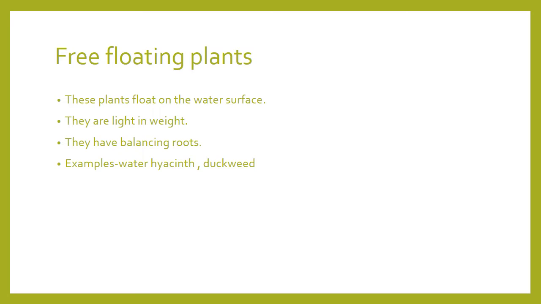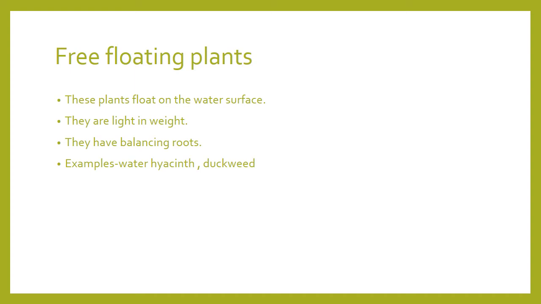If they are completely floating, that means they are light in weight, and the specific feature they have is balancing roots. These types of roots help them to hang in the water and also balance the plant up on the water surface.